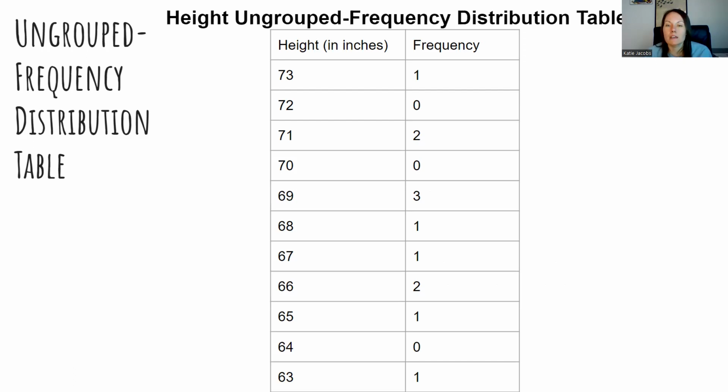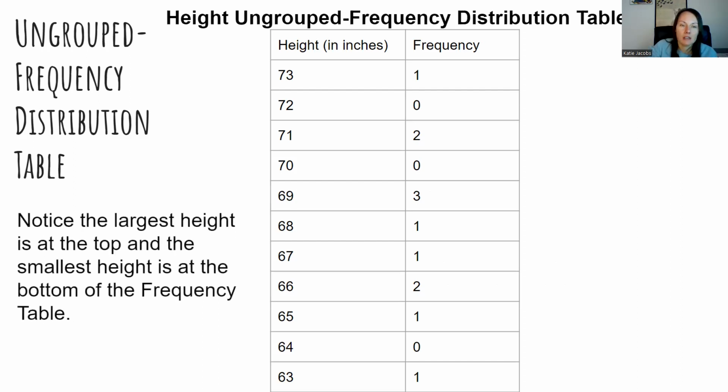We notice that we have all of the different heights. We have 73, 72, 71, 70, all the way down to 63, that we didn't skip them, even if it had a frequency of 0. Okay, that's really, really important that we don't skip out on some of them, because when we take this understanding to build histograms a little bit later in this lecture, that will help us determine what the shape of our data set actually looks like if we're going to visually display it in a histogram.